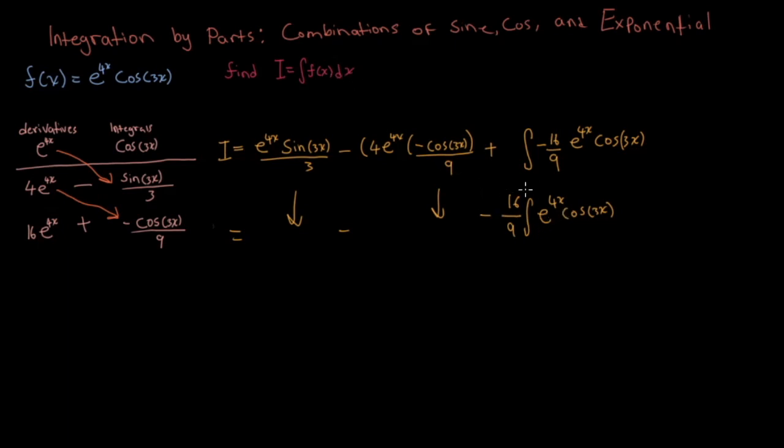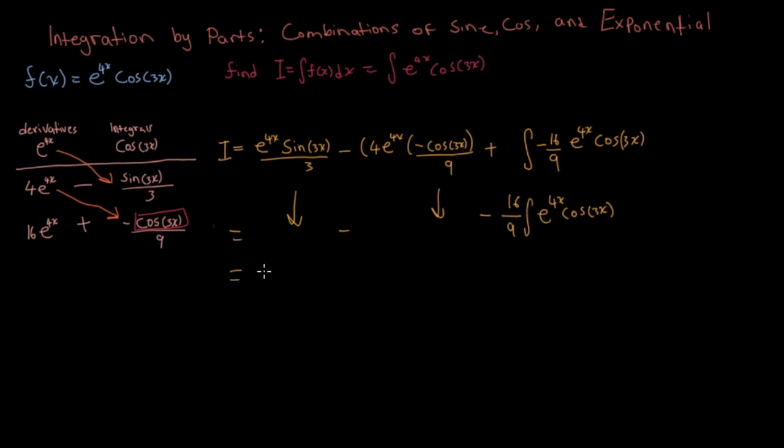So we can rewrite this as negative 16 over 9 I, because I is equal to the integral of e to the 4x cos 3x. That's why we stopped here. So now that we've simplified it, we can rewrite this as negative 16 over 9 I.